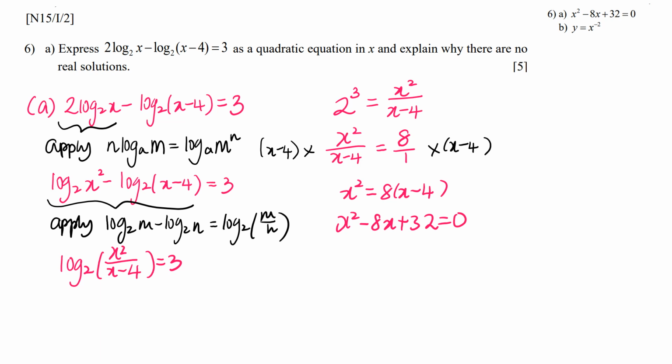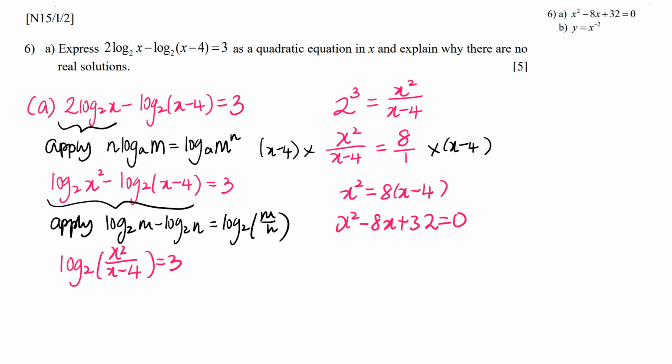Okay, so the next step is, why does this quadratic equation have no real solutions? There are two ways of doing it. You can use your quadratic formula, and then you will get a square root of a negative number, and from there you can explain that there are no real solutions. Another way is, if you recall what you learned in January, chapter 1, quadratic inequalities and the discriminant.